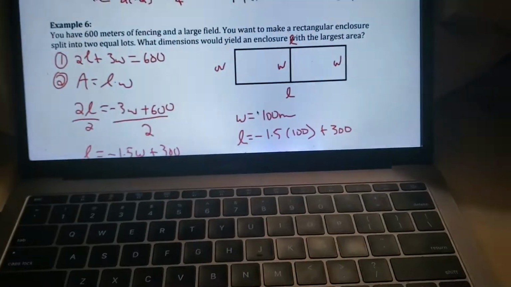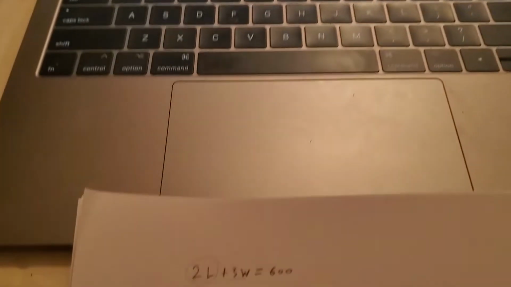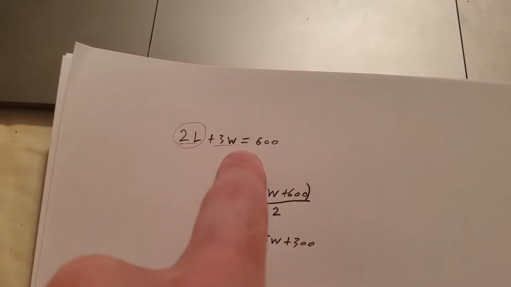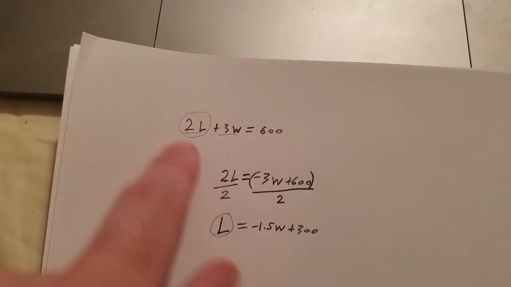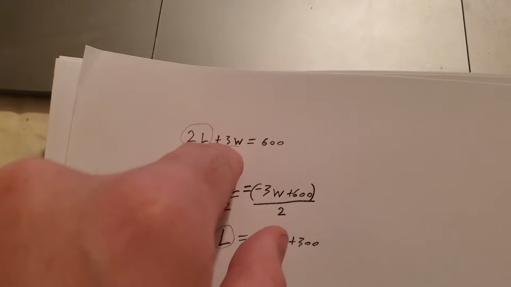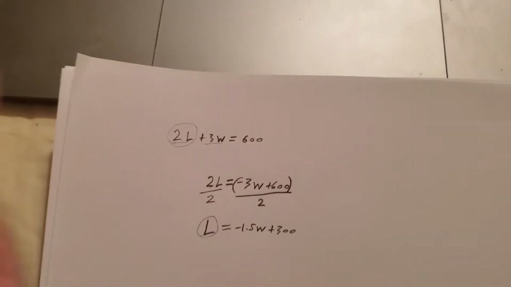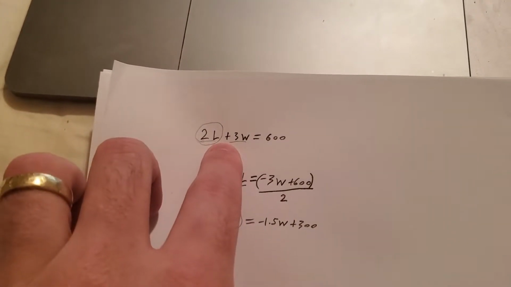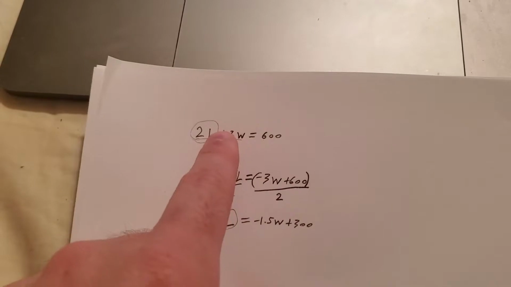Like I said, you take your widths or lengths, add them up into an expression, and solve for one of the two. You rearrange it, and in doing that, the positive 3 turned to a negative 3 when we took it over to the other side.